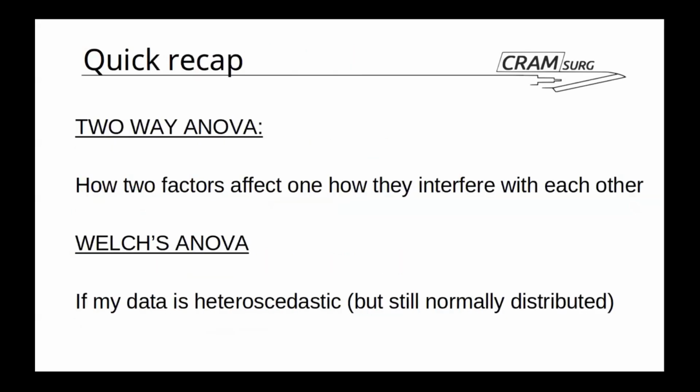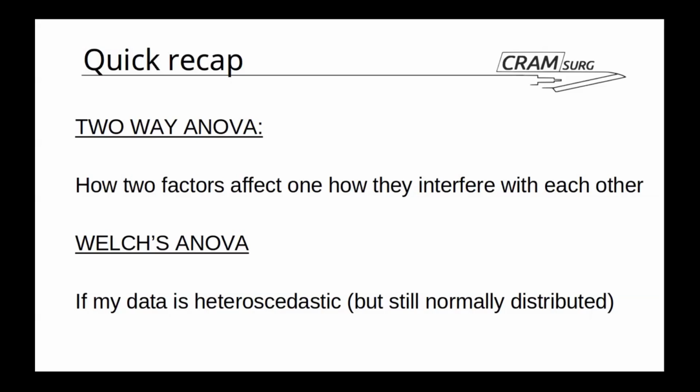So, a quick recap of what I mumbled so far. Two-way ANOVA, we are going to look at how two factors, going back to our example, planting densities and different fertilizers, affect one, which is obviously the yield of the crop, and how they interfere with each other.